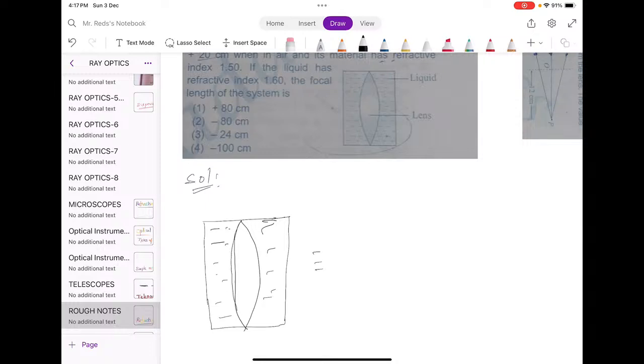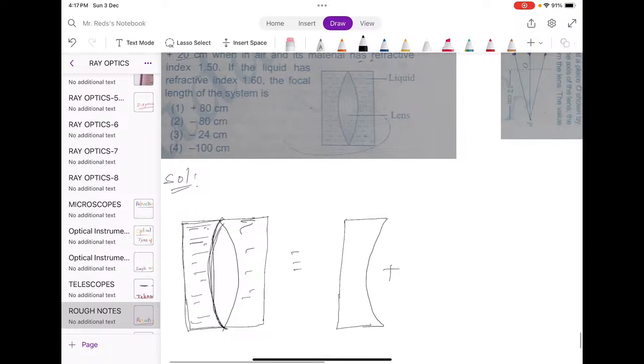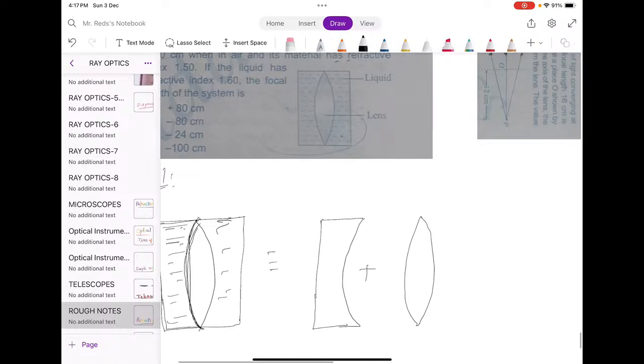You have to understand that this left side part acts like one lens, called a plano concave lens. Then in between, a convex lens is there, which plays its converging role.